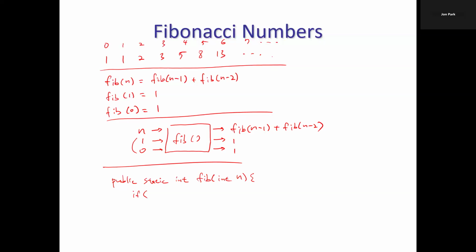Good. If n is 0 or n is 1, then return 1. Otherwise, return fib of n minus 1 plus fib of n minus 2.